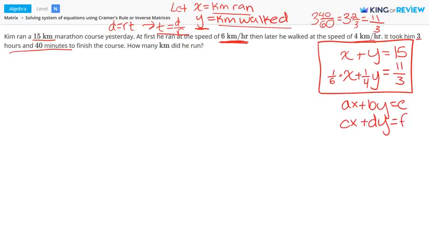And you can see that our system here is set up in this same format. So what is Cramer's rule? Well, Cramer's rule states that we can solve for x if we take the determinant of the x matrix and divide it by the determinant of the coefficient matrix.